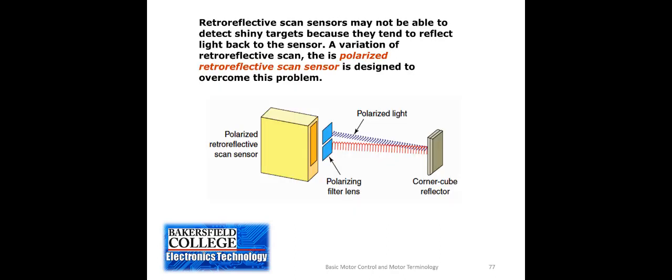One of the problems with retroreflective sensors is that if the object that's going across that beam of light is reflective, it could reflect the light back and not see the fact that the beam was broken by that object. The way that they can solve that is to actually use special filter lenses that will cause the light waves to be polarized.